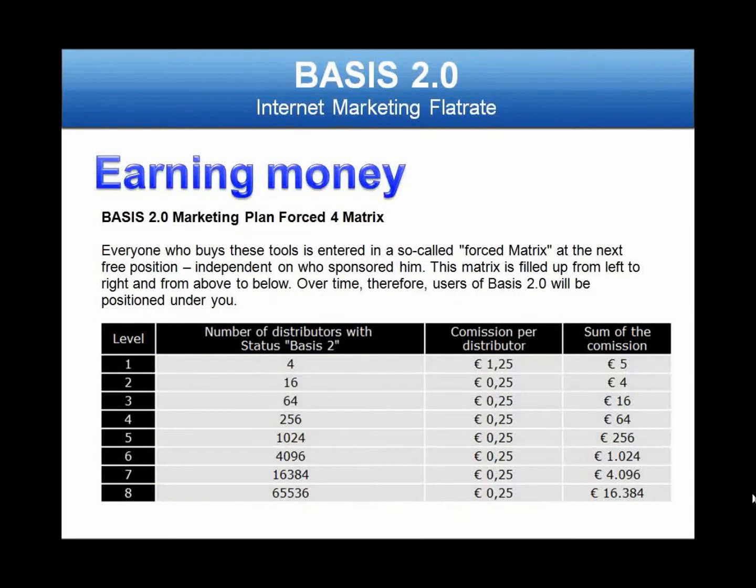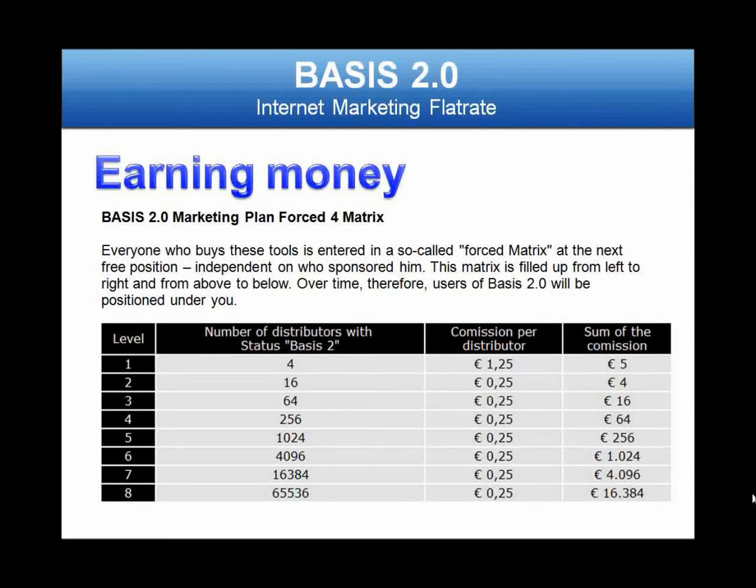Highly interesting is our planned forced 4 matrix. Everyone who buys these tools is entered in the so-called forced matrix at the next free position, independent of who sponsored him. This matrix, which is only one worldwide, is filled up from left to right and from above to below. Over time, therefore, users of Basis 2 will be positioned under you.